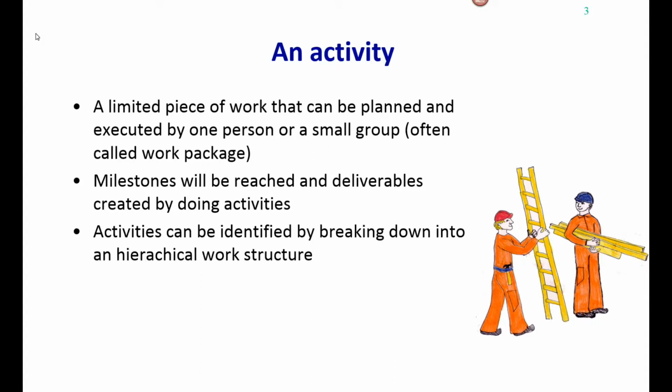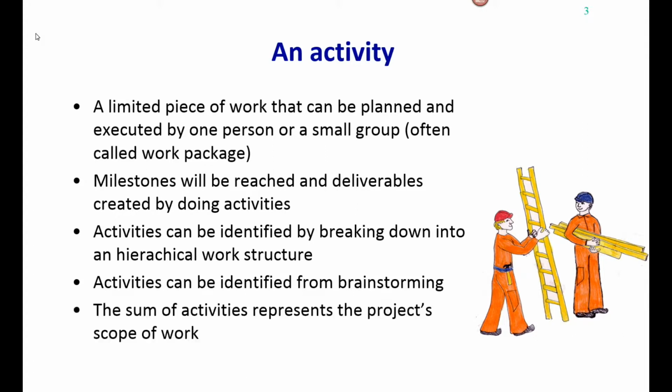The way to identify activities is normally by breaking the scope of work down into a hierarchical work structure. But sometimes we also find activities from direct brainstorming, and then maybe we can set them up in a kind of structure after we've done that.